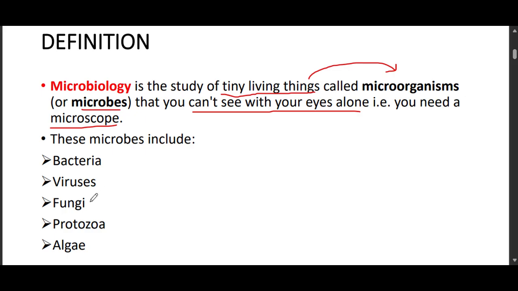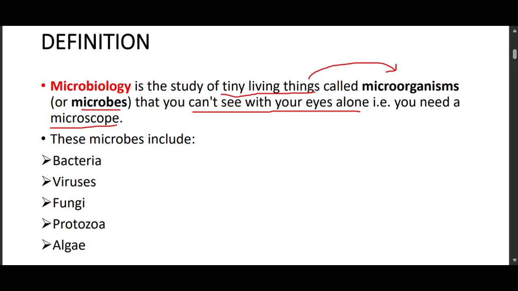Then we also have viruses. Viruses are very small and can only grow inside living cells. Then we also have fungi. Fungi can be single celled, for instance yeast, or they can be multicellular such as molds. Some fungi are infectious.